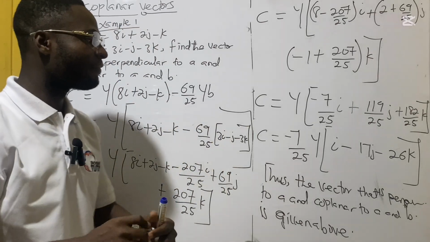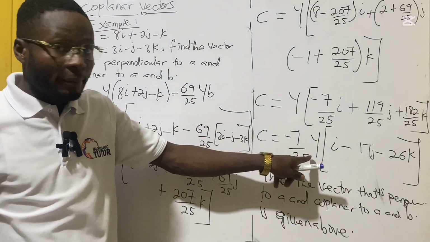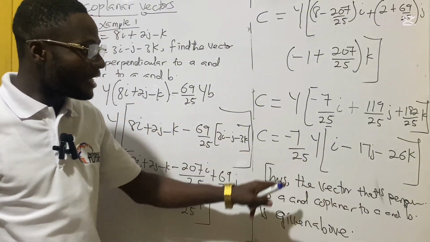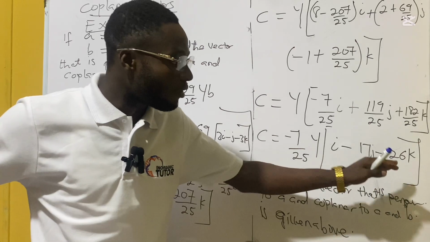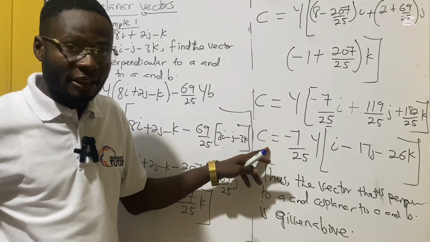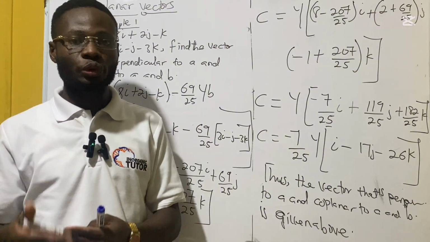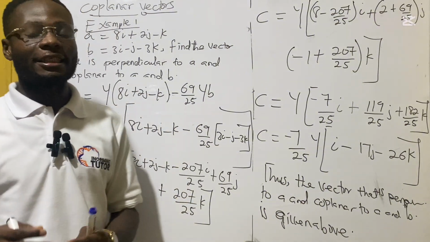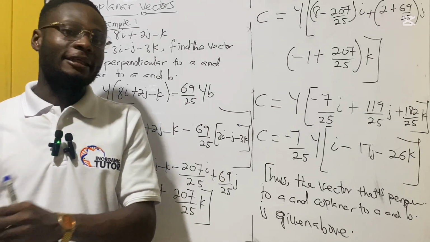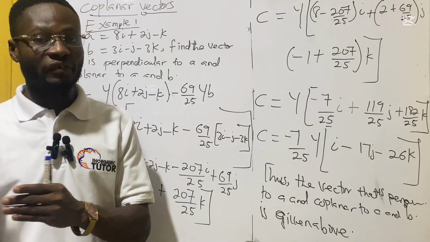For instance, gamma is just a scalar. If we know this scalar, then we can know the overall vector for this C. Basically, this is the process that you go through to find the vector that is perpendicular to A and coplanar to A and B when you are given two position vectors.